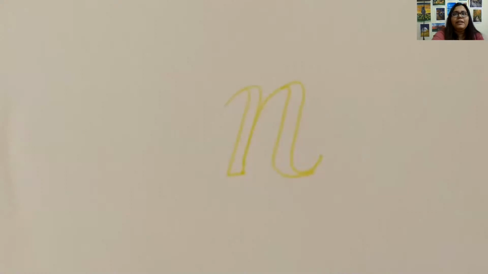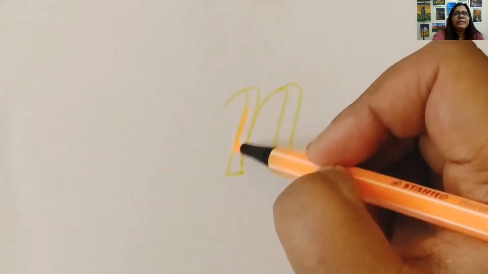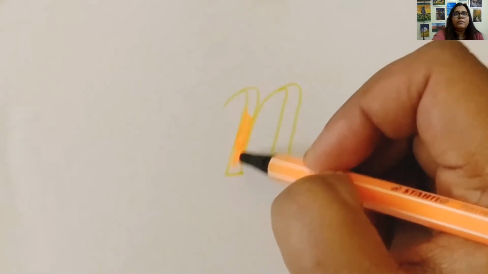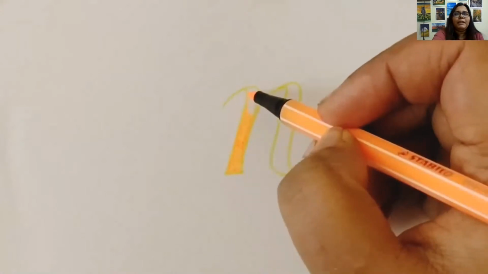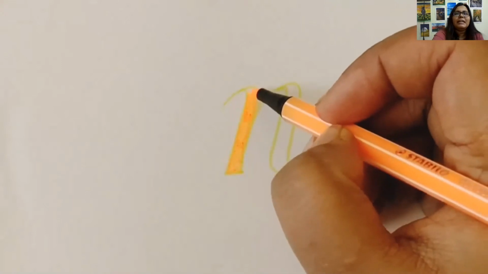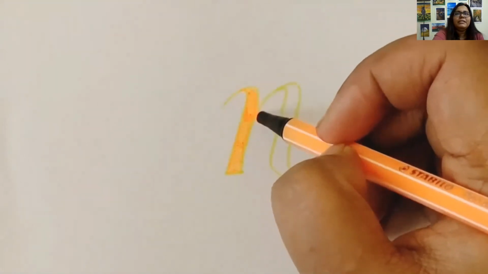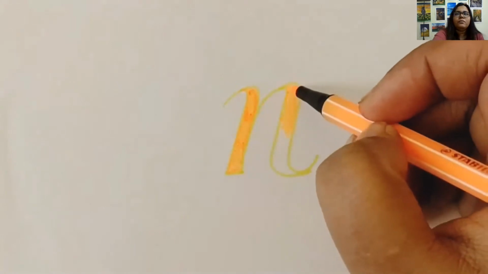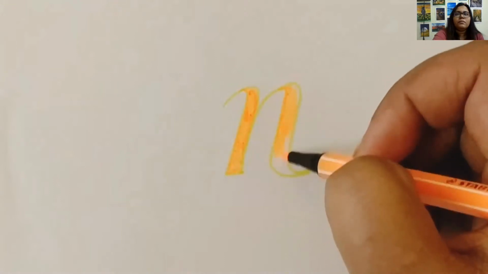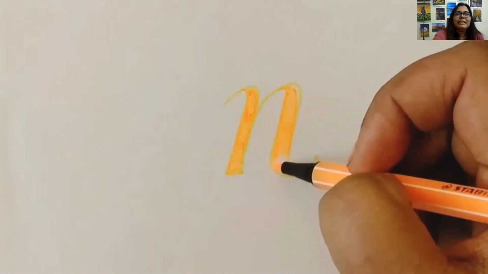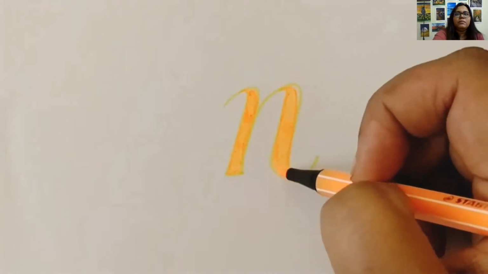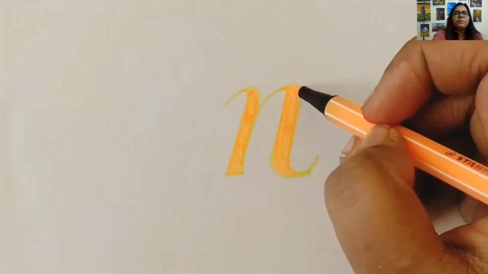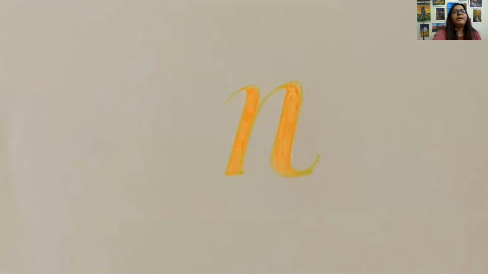Now take your orange color and we will fill up these portions. We will darken these portions. It is just like coloring with a sketch pen. Nicely darken up these portions. Everybody get it done up to the orange color filling.